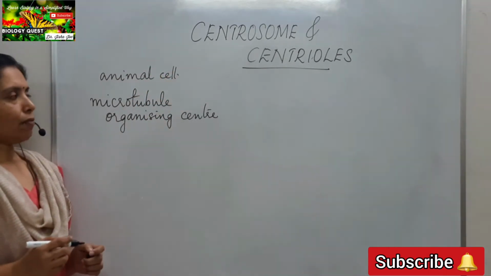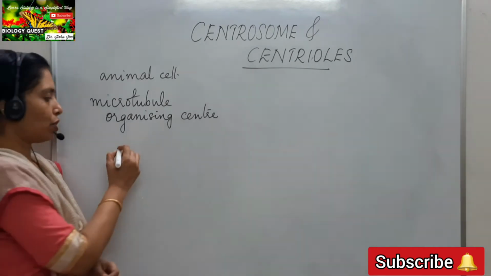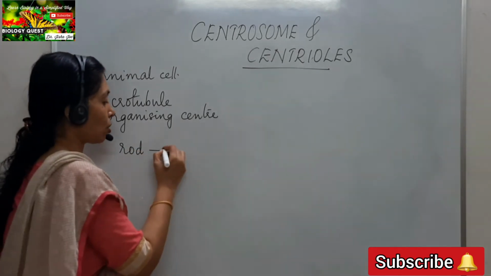If you look at the centrosome, it has two rod-shaped or cylindrical structures called the centrioles.